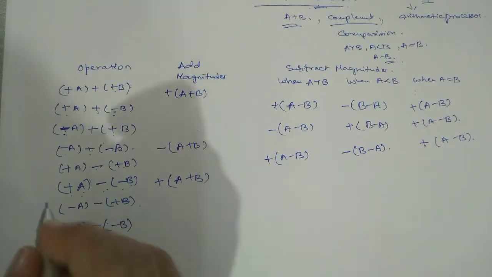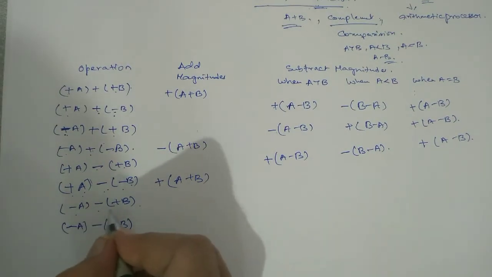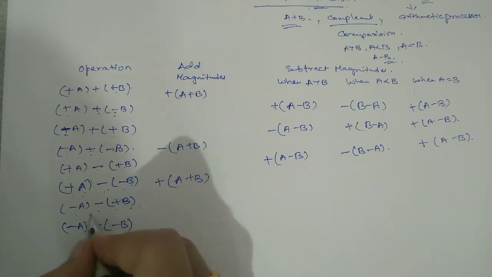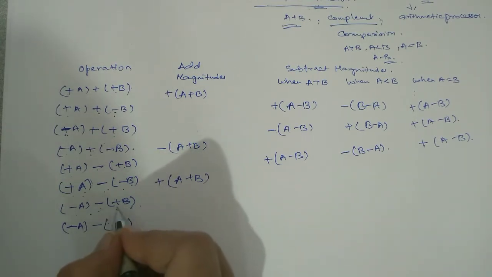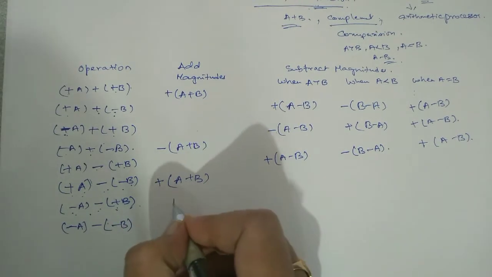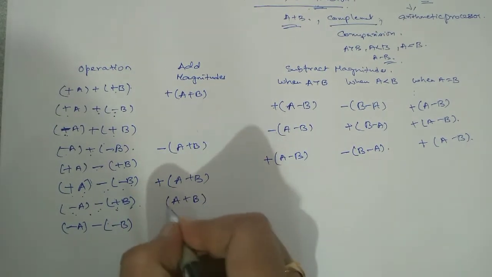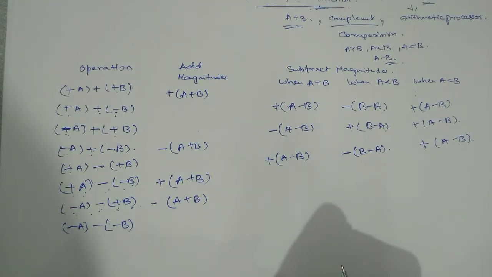Next, minus A plus of plus B, minus of plus B: minus into plus is minus, so minus A minus B, so A plus B with sign minus.